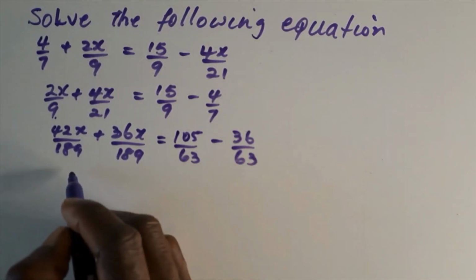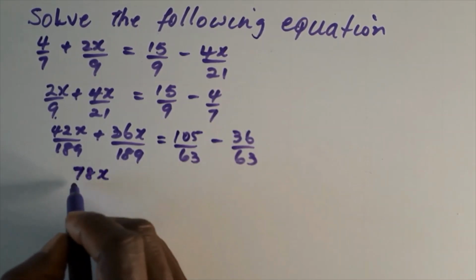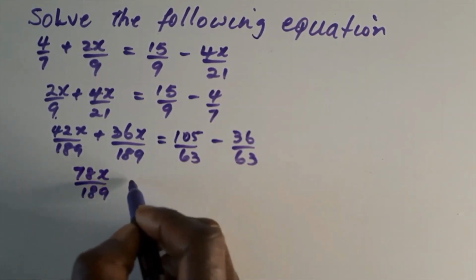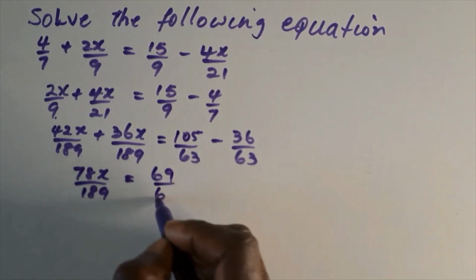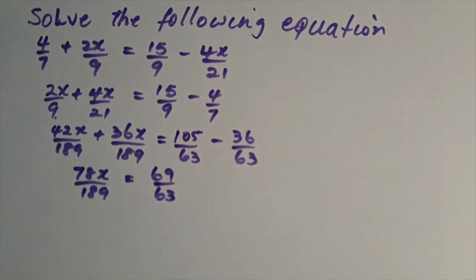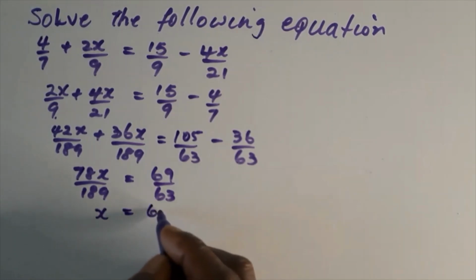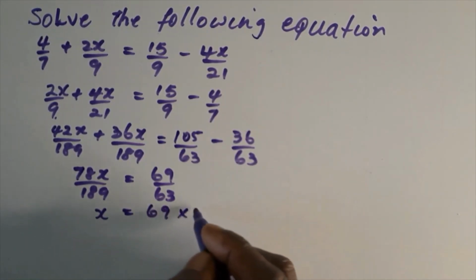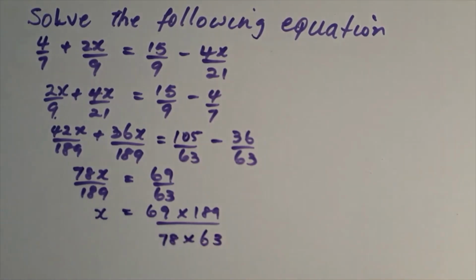This evaluates to give us 78x over 189 is equal to 69 over 63. So x is equal to 69 times 189 over 78 times 63.